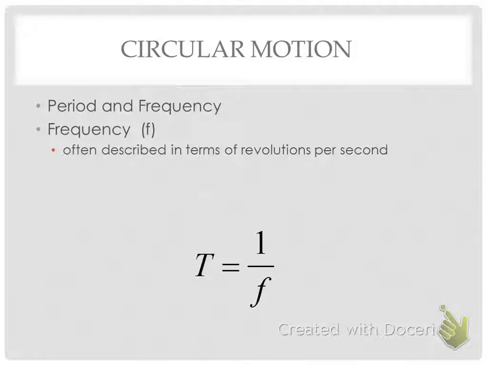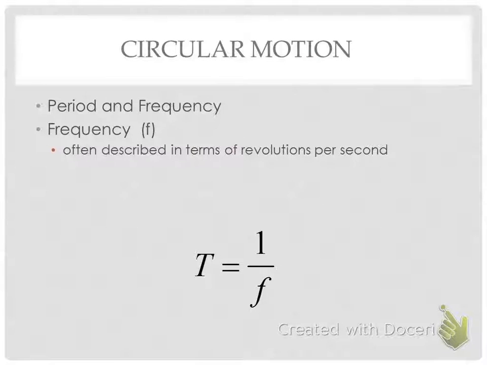So what is a revolution, first of all? That's right, one time around the circle is a revolution. It could also be called a rotation. One revolution is one complete trip around the circle. So frequency we describe as revolutions per second.